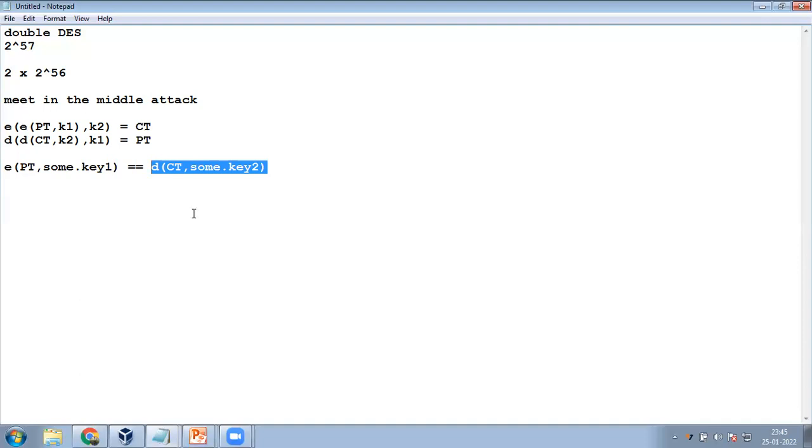The question is not whether the key is used at random or in sequence. So he was using some key 1 and some key 2, encrypting the plain text with some key continuously and decrypting the ciphertext with some key continuously. When the output of the encryption meets the output of the decryption, he recovered key 1 and key 2. So this attack is called a meet in the middle attack.